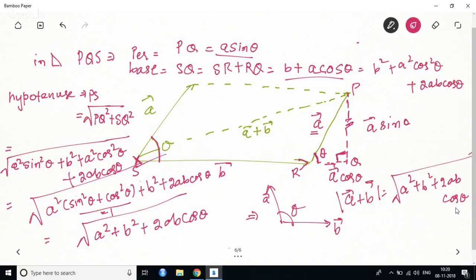Now I am stopping here, and let me know if any one of you did not understand this. I'll move ahead in 30 seconds.